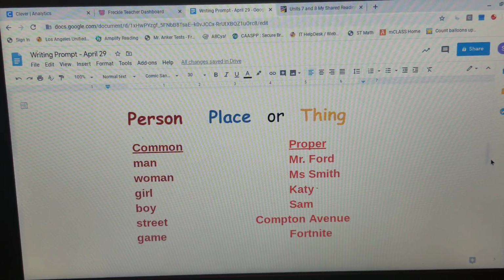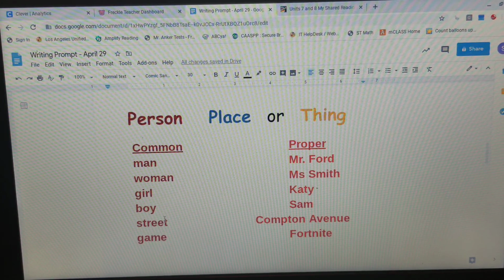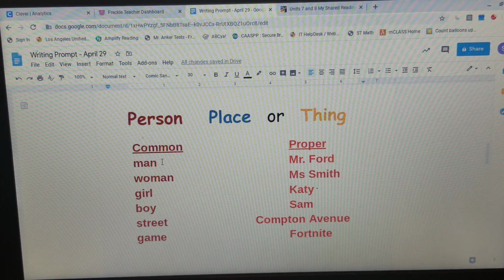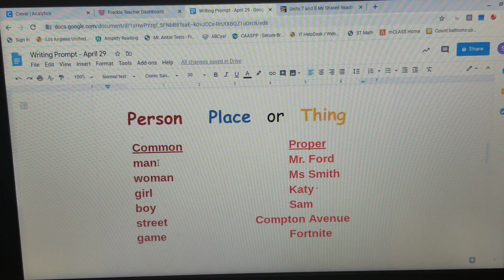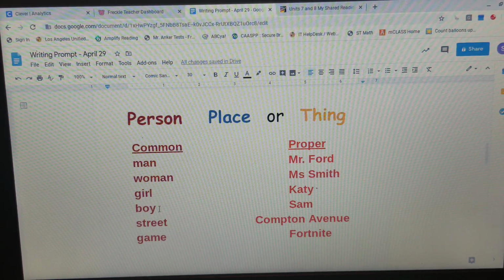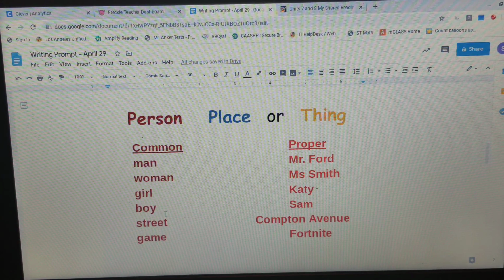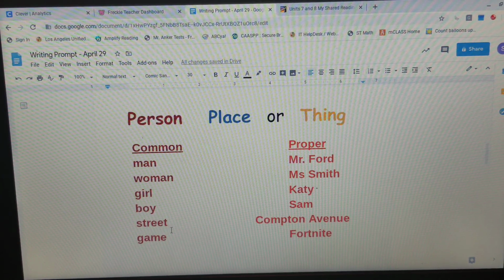So, from the person group, we can have a common noun. Look at the words that are in the common noun column. These words are just words that refer to people. Man, woman, girl, boy, street, and game.